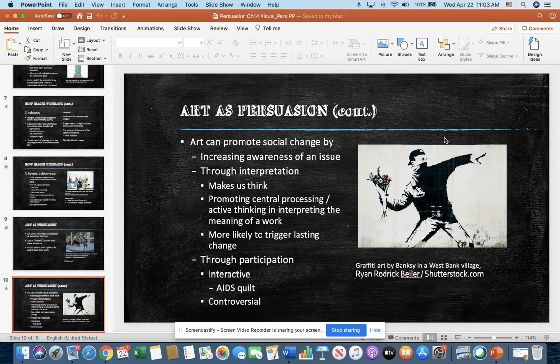Now, I don't know if you have ever heard of this, but there was the AIDS quilt back in the 90s. They talk about it in the textbook, where more and more people were dying from AIDS, which started in the early 80s. In fact, my brother died of AIDS. So I remember this well on that whole issue.